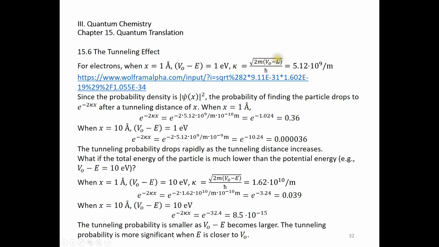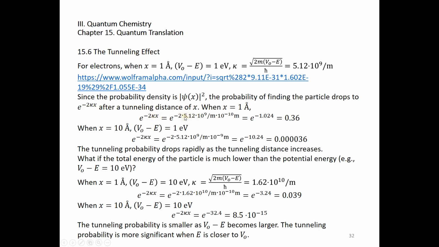We plug in all the numbers: the square root of 2 times the mass of the electron times V0 minus E, over h bar. It's about 5 billion per meter. Since the probability density is psi squared, the probability of finding the particle drops to this much after a tunneling distance of x. When x is 1 angstrom, we plug in the value of x and kappa.